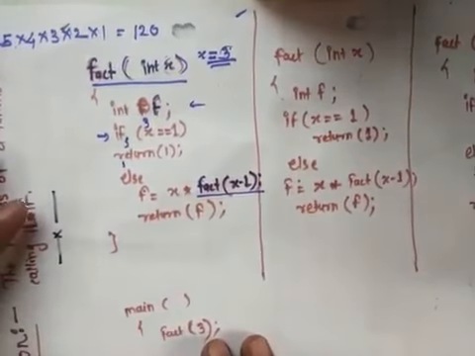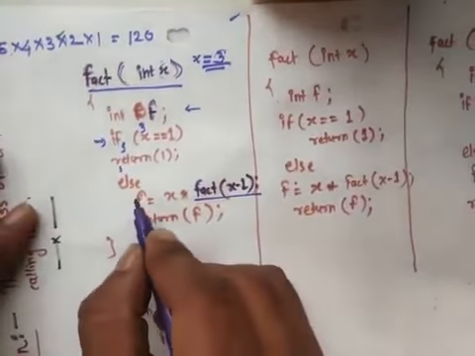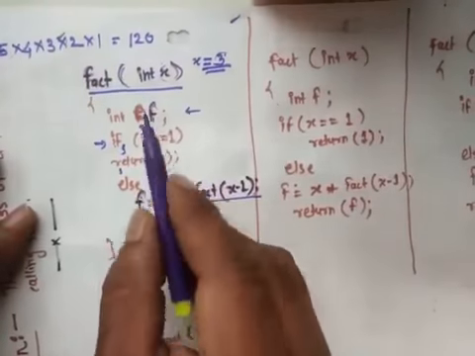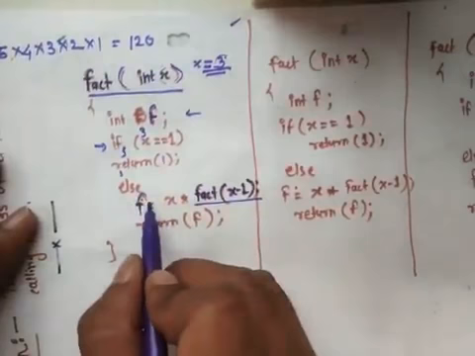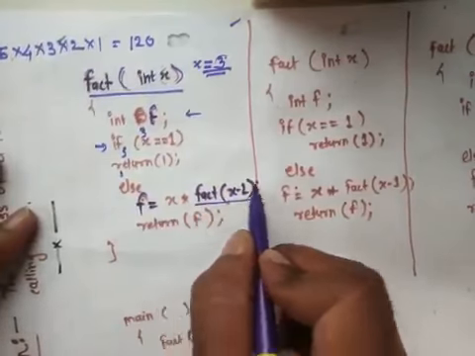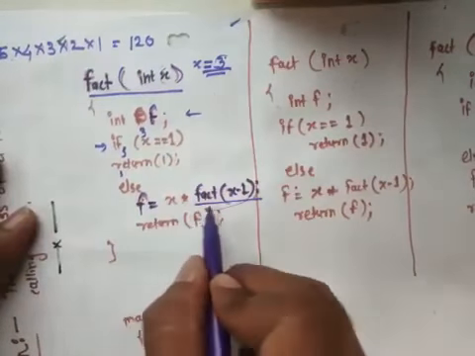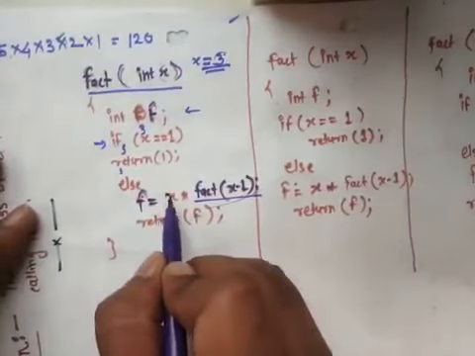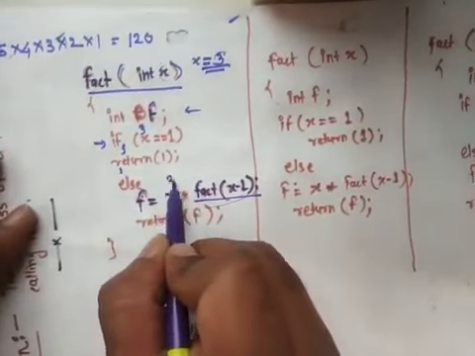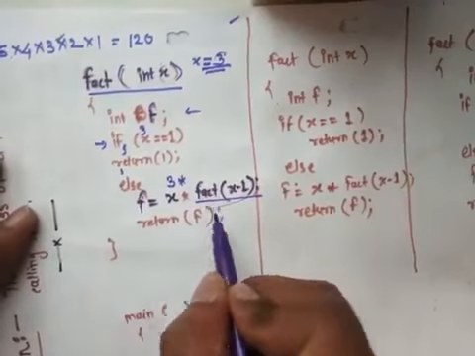Now in the else part, we have already declared the variable f, and in that variable I am going to collect the outcome coming from this expression. Here we have x. What is the value of x? That is 3, into factorial.